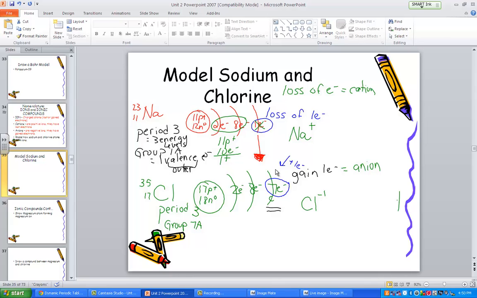Chlorine, if we input to create a total of 8, it had 7, but if it now has 8 by adding that electron in, it still had the 17 positive protons, but now a total of 18 electrons. It has a net charge of -1. When I gain electrons, it becomes negative. When I lose electrons, they become positive.